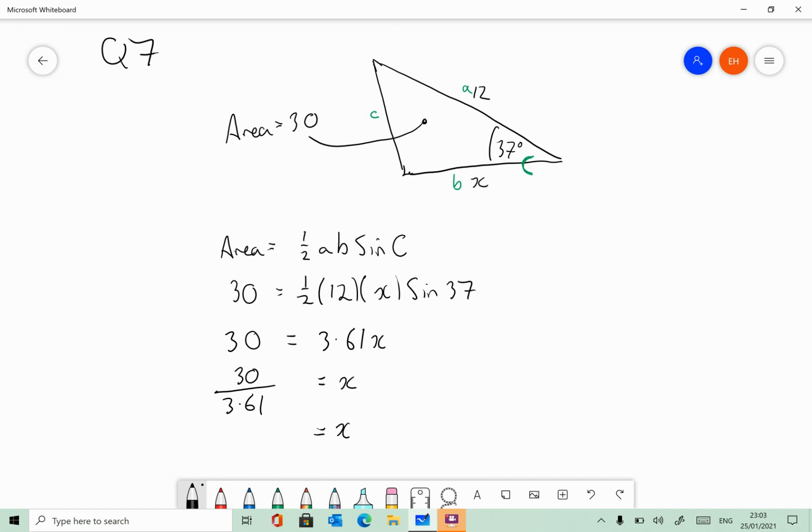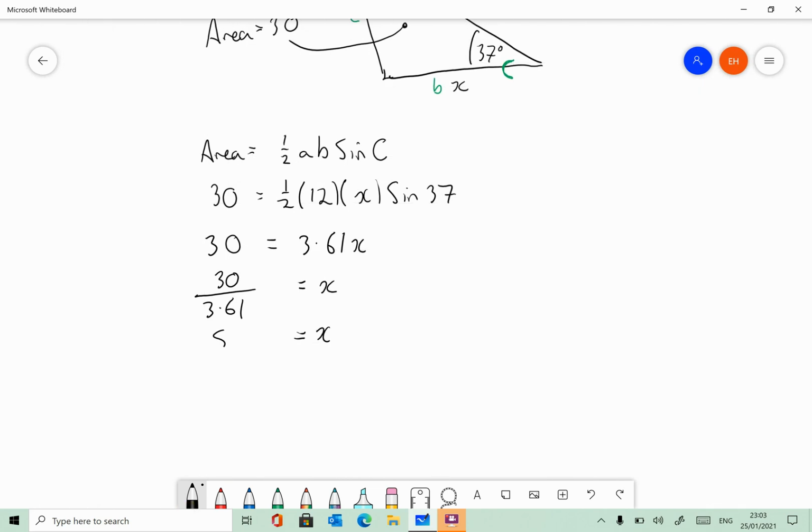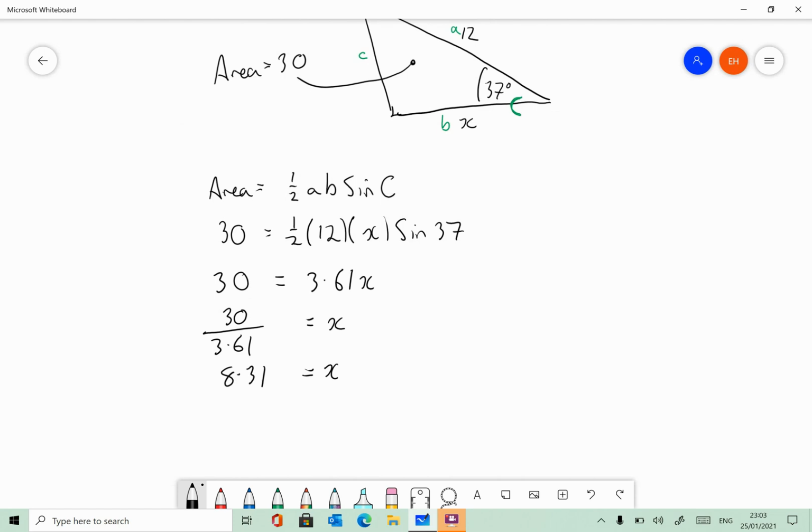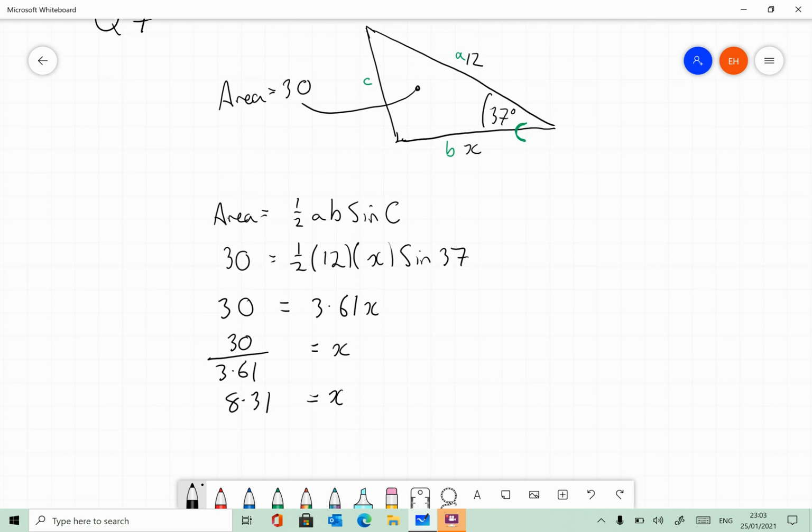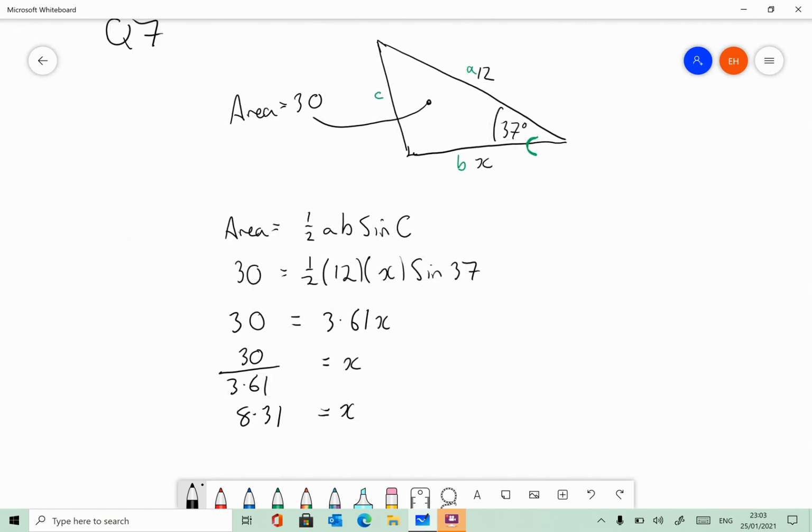So x is equal to 30 divided by answer, which is 8.31. And that's going to be centimeters, I think. Nope, just units. Okay, so 8.31 is the length of B, or the length of x.